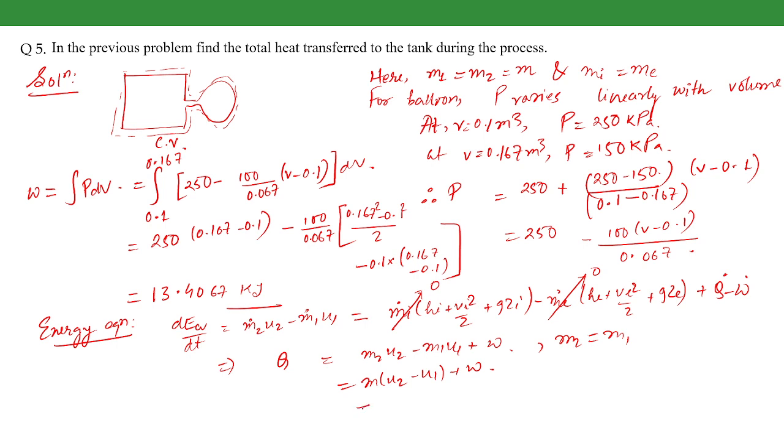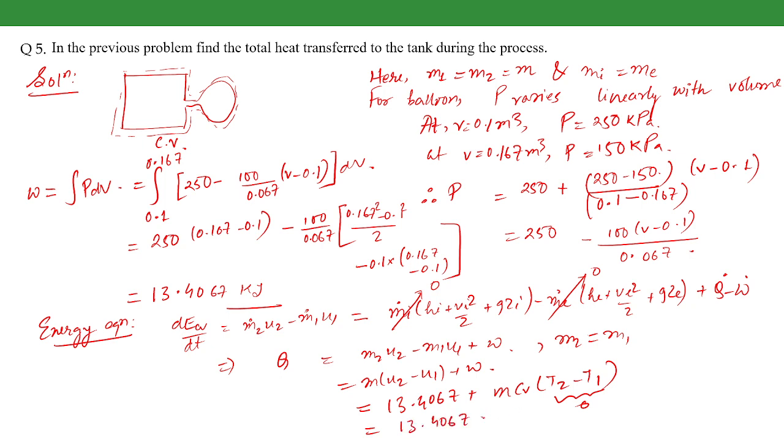So what is the work done? Work done is 13.4067 plus mCV times T2 minus T1. But for T2 minus T1, there is no change in temperature, so this is 0. So this will essentially be equal to the work done. So this is 13.4067.